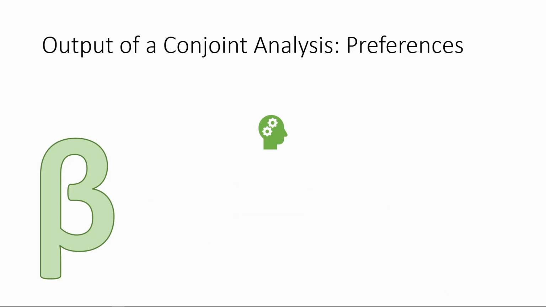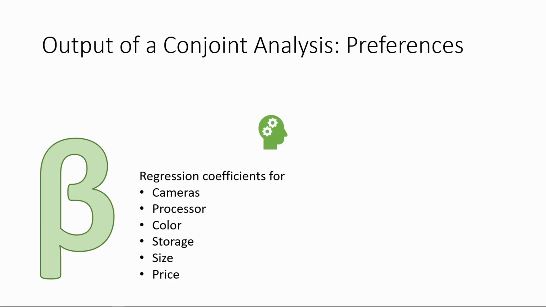And of course, the output from a conjoint analysis is basically the preferences in the form of the regression coefficients. So we can get the regression coefficients for each one of these features: cameras, processor, color, storage, size, and price.